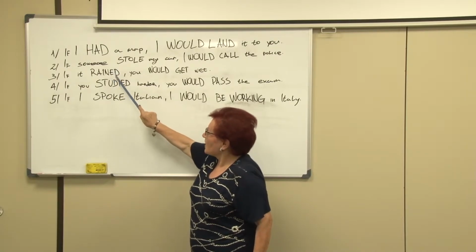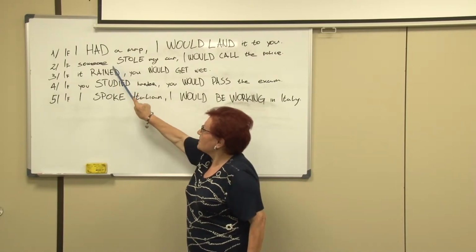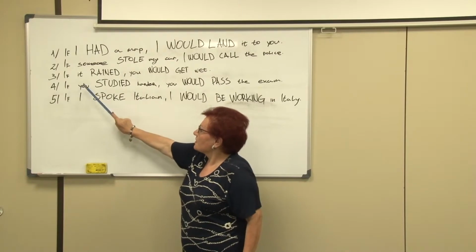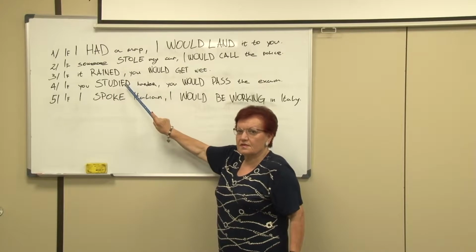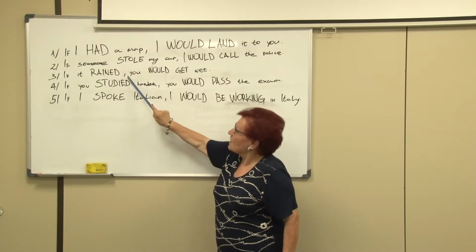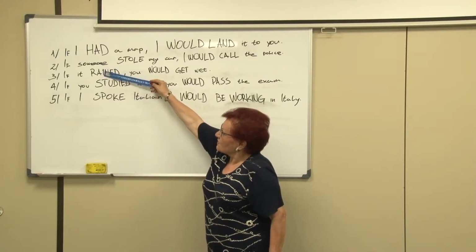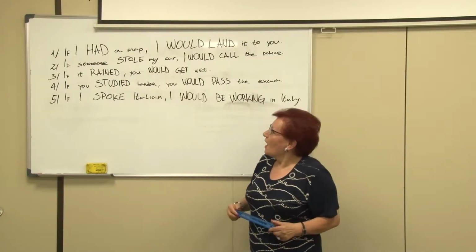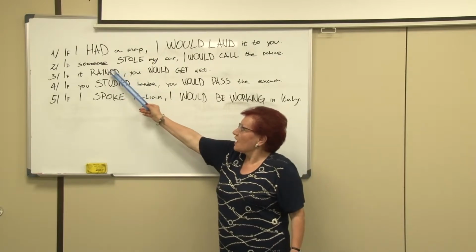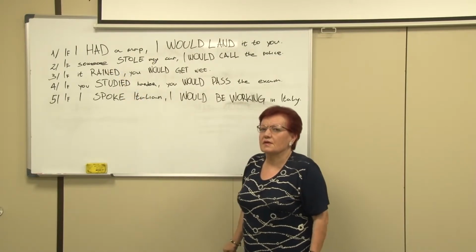Here we have rained, so it is ed at the end. And in sentence number 4, you have studied, again with ed at the end. These two are regular verbs. That means that they always have ed at the end.